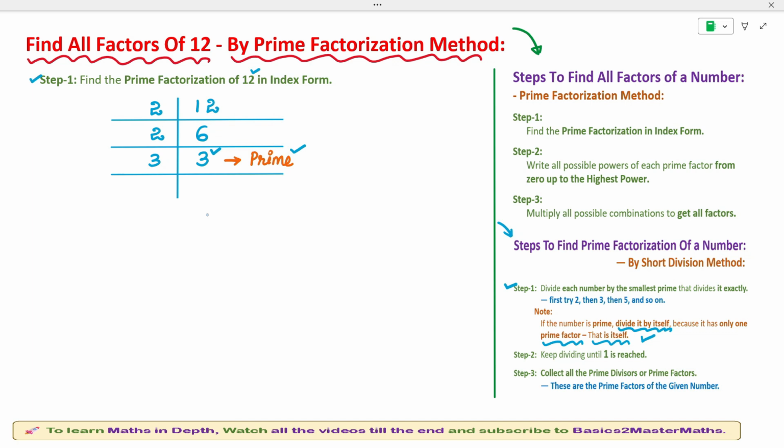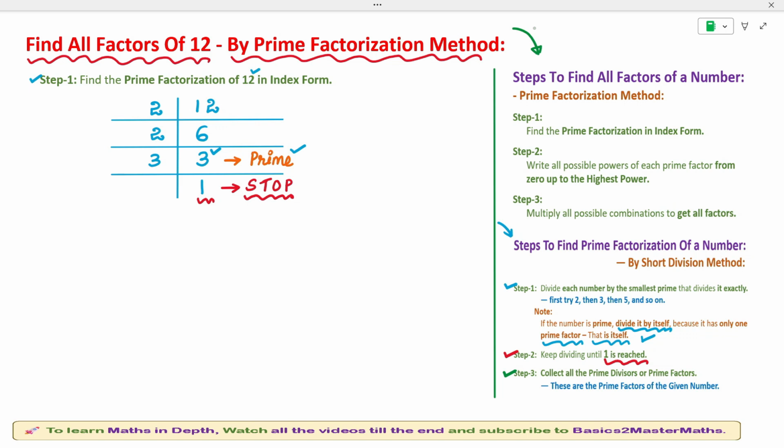Since 3 divides 3 exactly, we get 1. As per step 2, please stop here since 1 is reached.